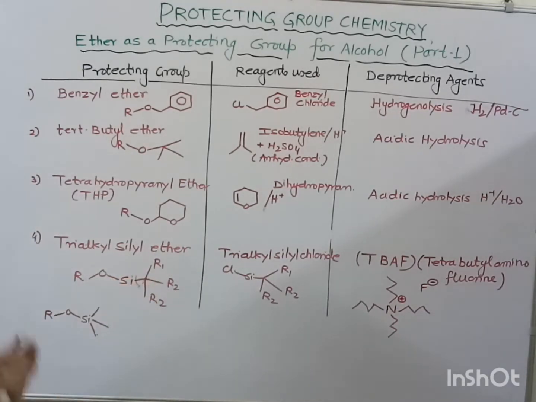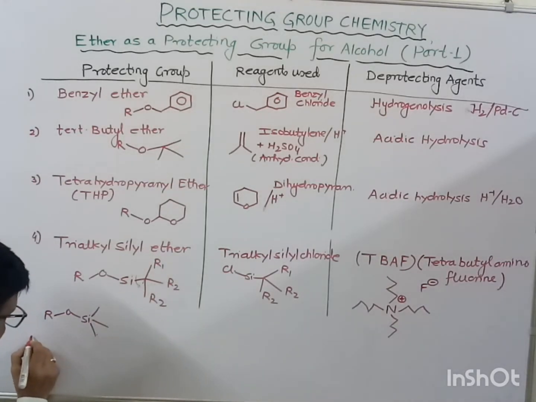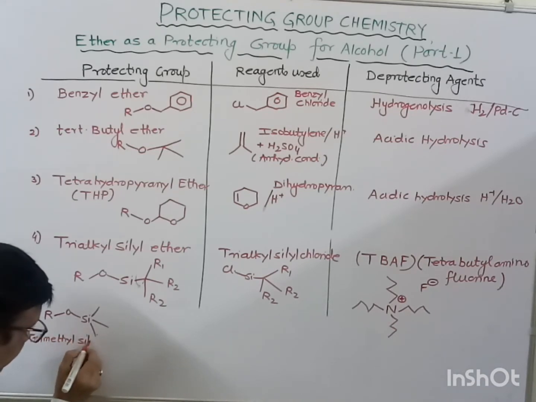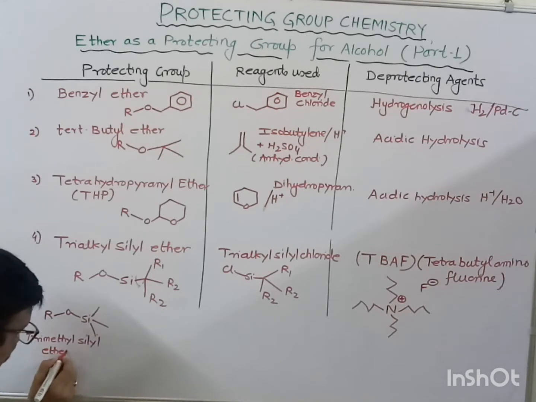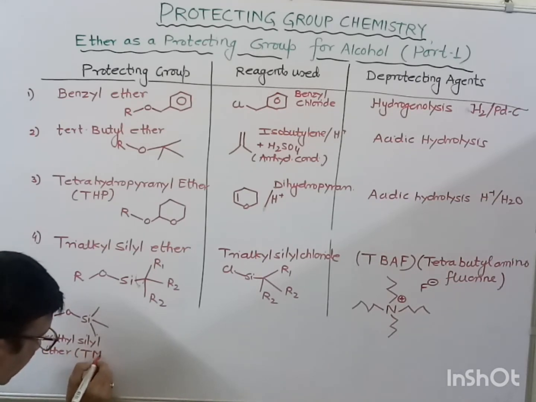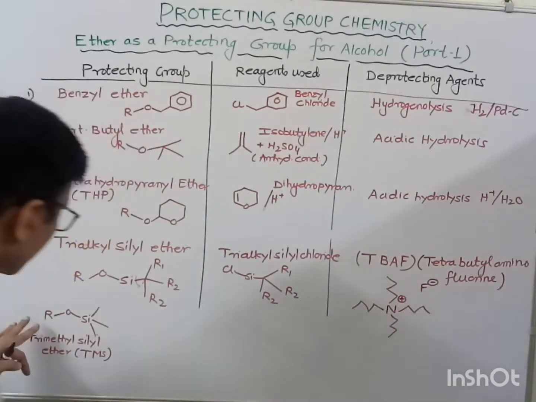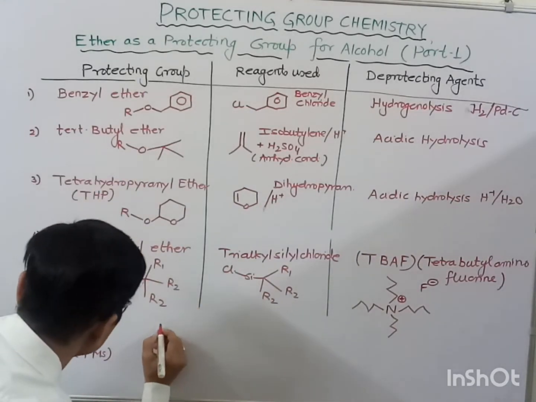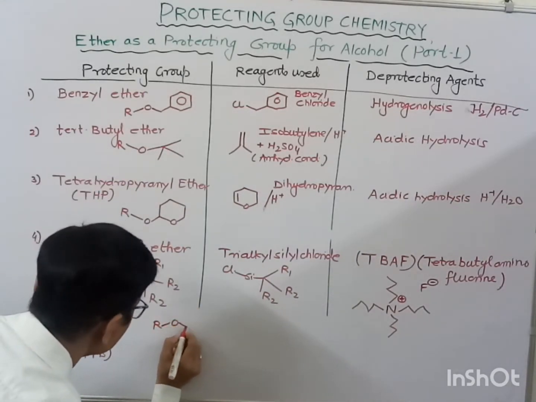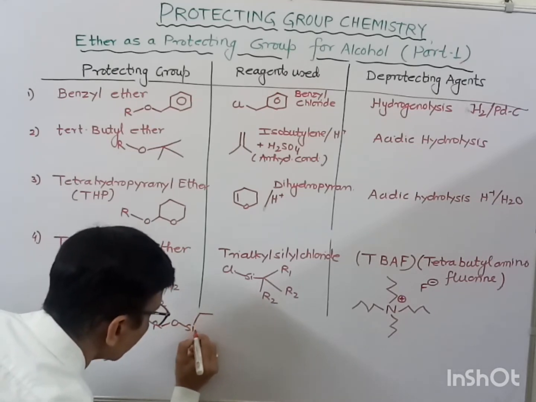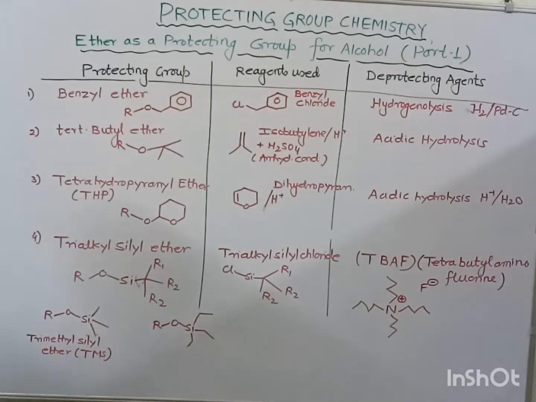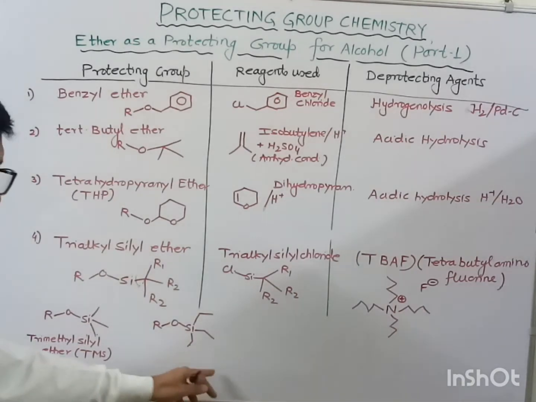If all these R1, R2, R3 are methyl, then this is trimethyl silyl ether, TMS. In the same way, if ethyl group is present, then we may write it as triethyl silyl ether.